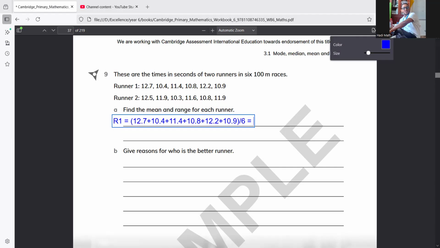You'll find the answer is equal to 68.4 divided by 6, and that equals 11.4. This is runner 1's mean.